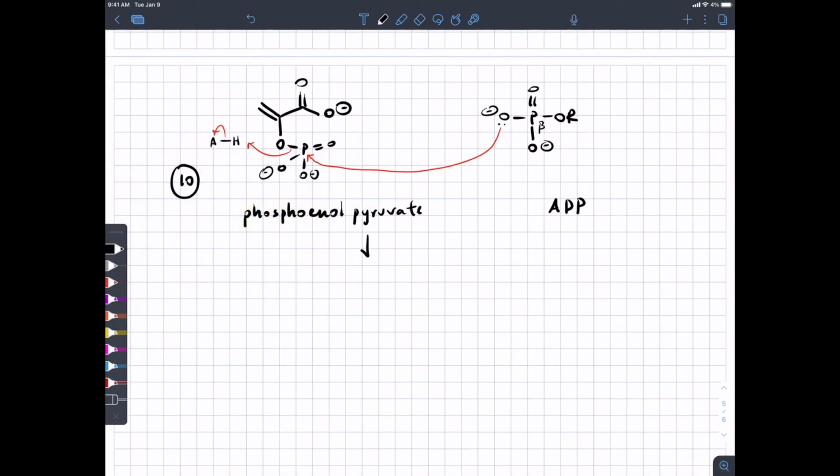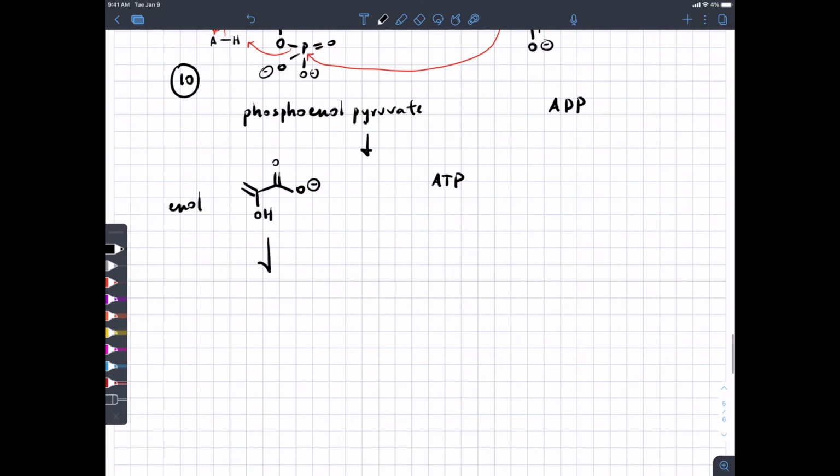And that will give us ATP. But we're not done yet, because the thing that left, the thing that got liberated, is this enol, which is going to tautomerize rapidly to the more stable ketone form.